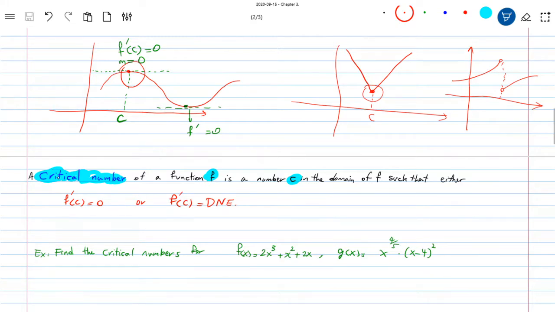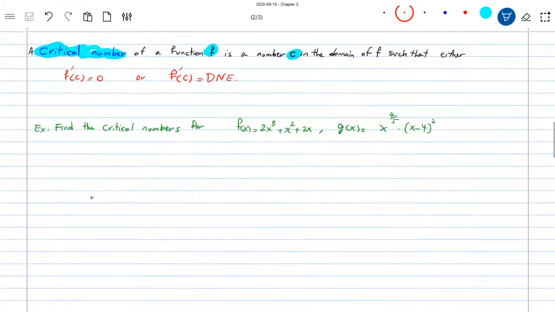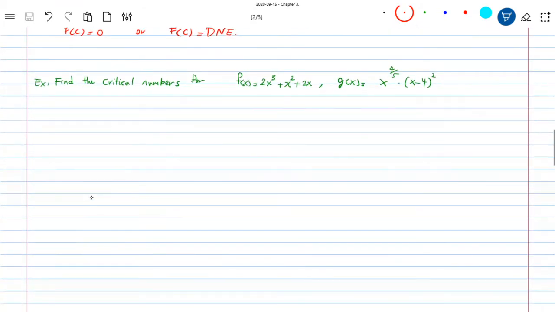We do examples now. I wrote a couple of examples to find the critical numbers. So here, two functions. Let's find each one separately. The question is to find the critical number for these functions. I'm going to solve first the critical number for f.